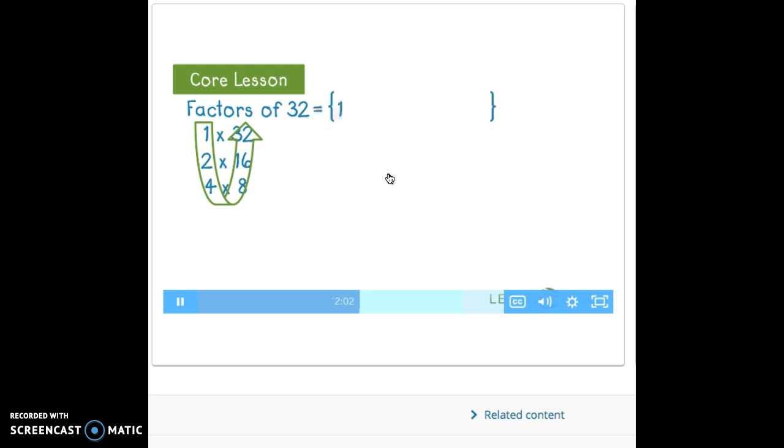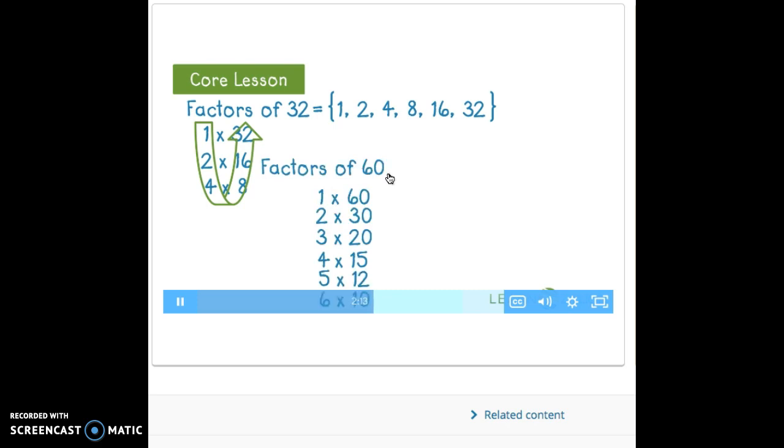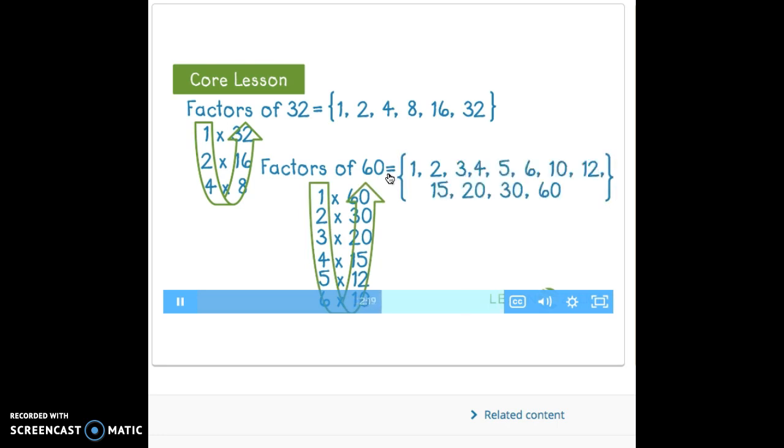So I know that the set of factors of 32 is 1, 2, 4, 8, 16, and 32 inside brackets. I know that the facts of 60 are listed here. I want to follow those facts around to arrange them in order from smallest to largest. And now I have a list of the set of factors for 60.